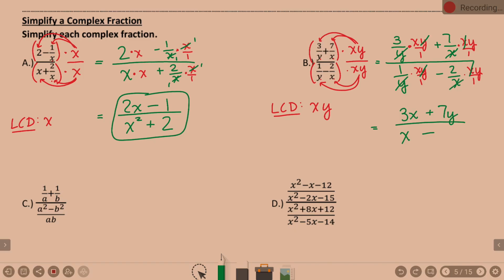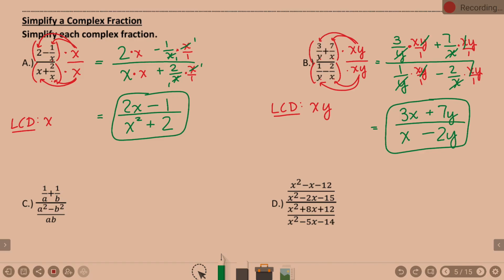X's cancel, leaving me with 2y. Looks a lot better, doesn't it? I no longer have fractions within fractions, which is my main goal. Is there any factoring I can do? No, it'd have to be GCFs. There's no GCFs. So you're good there.